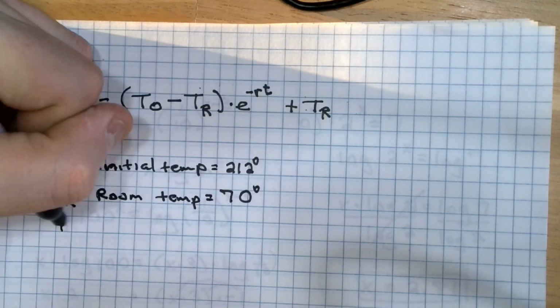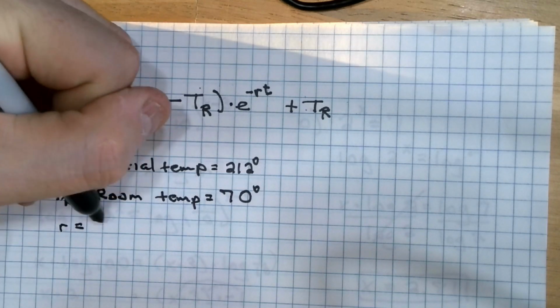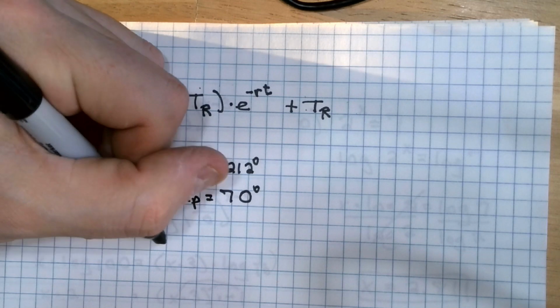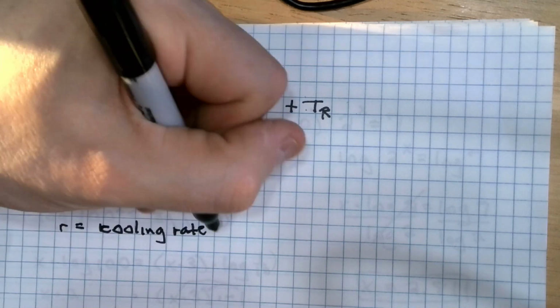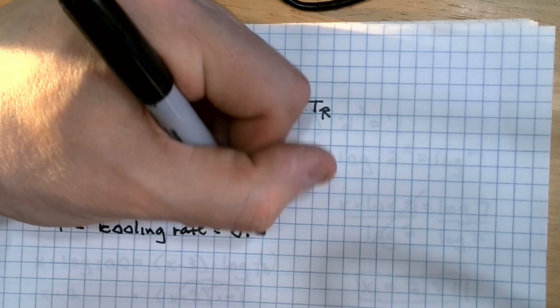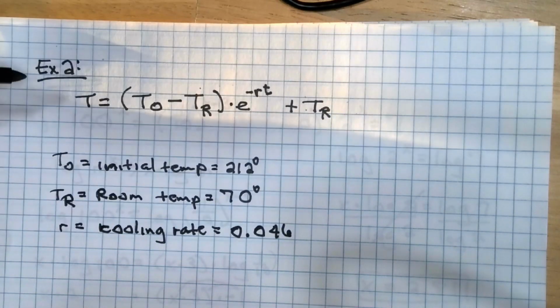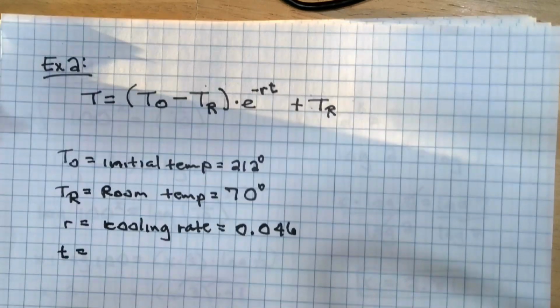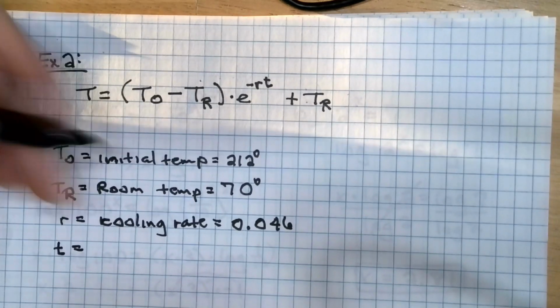Your R value is your cooling rate, and that is 0.046. Little t, this little t right here is your time.